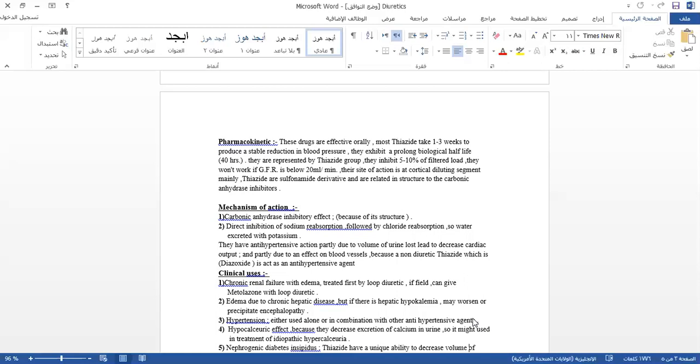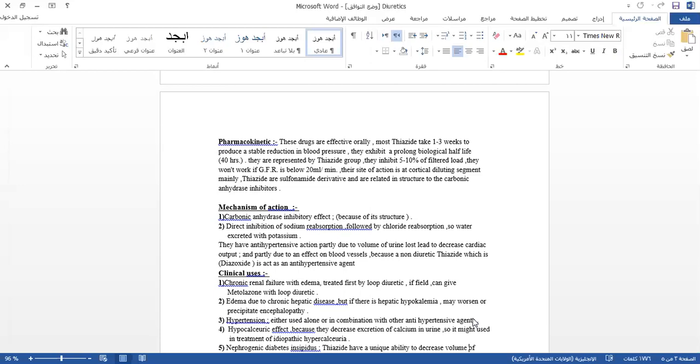Inhibiting carbonic anhydrase leads to decreased concentration of hydrogen ions. As we said at the beginning of the lecture, the hydrogen ion is important for reabsorption of sodium, so without hydrogen there is no sodium absorption, which enhances excretion of sodium. Number two, direct inhibition of sodium reabsorption, like high efficacy diuretics.